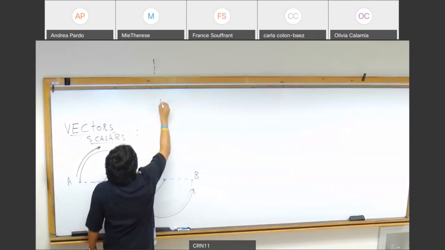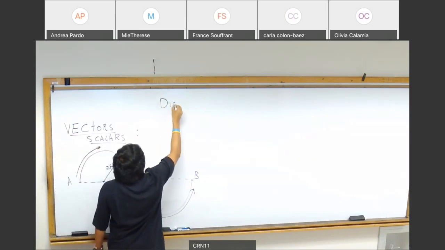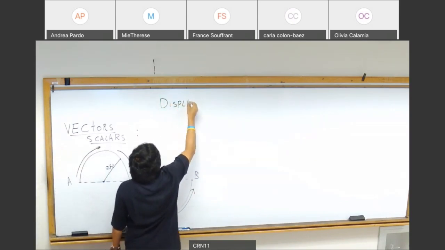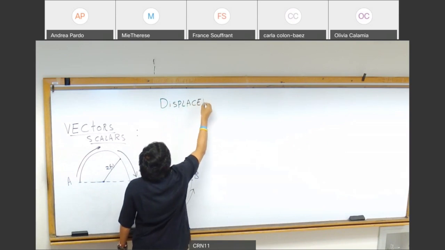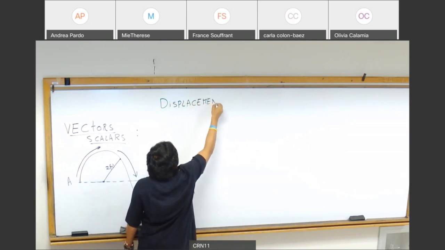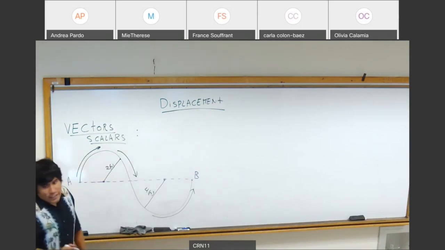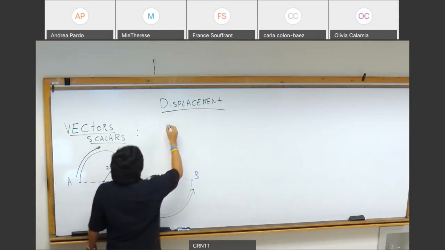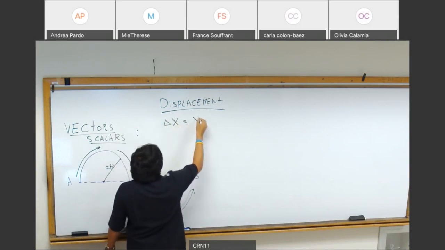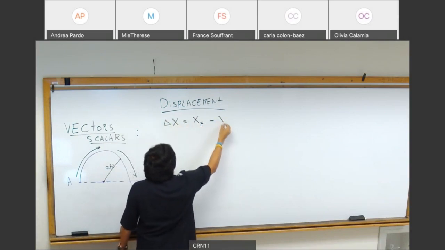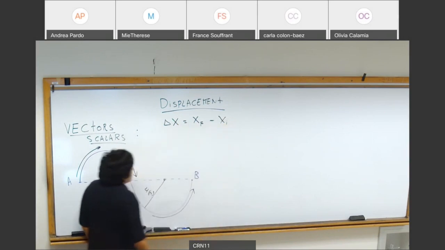What is the displacement? The definition of displacement, we know it's a vector. We call it delta x, which will be position final minus position initial.